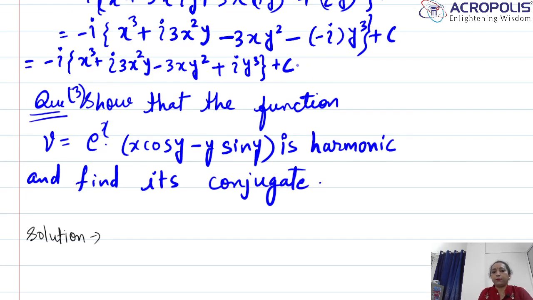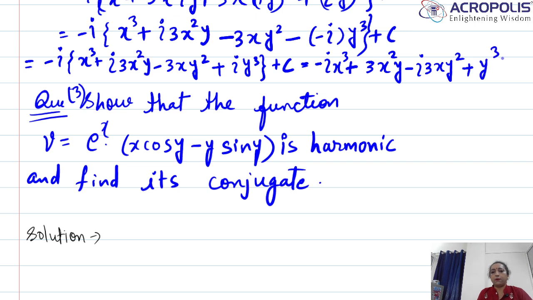I am getting here minus i x cube. i dot i will become i square and the value is minus 1, so minus and minus will become plus here, 3x square y, and it is minus i 3xy square. Again i dot i will become i square, which is equal to minus 1, and minus will become plus here, plus c.